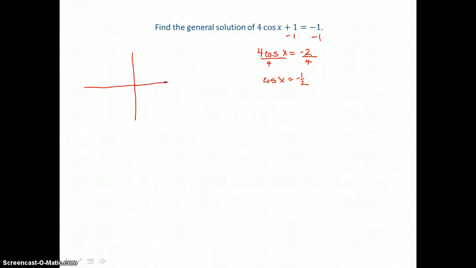So if I look at that right triangle in all 4 quadrants and apply the definition of the trig functions, I know that in the first quadrant, sine, cosine, and tangent are all going to be positive.